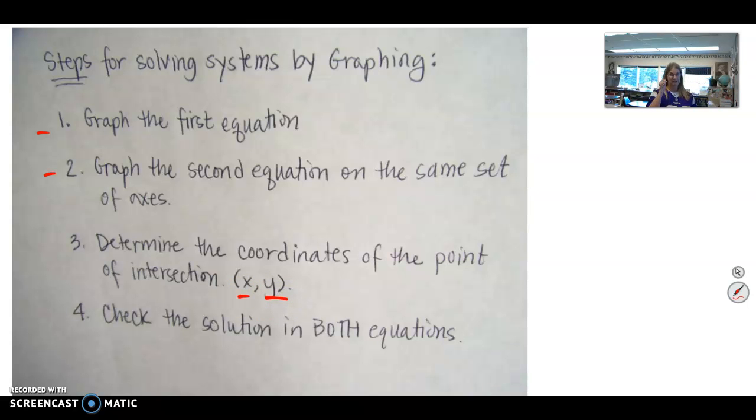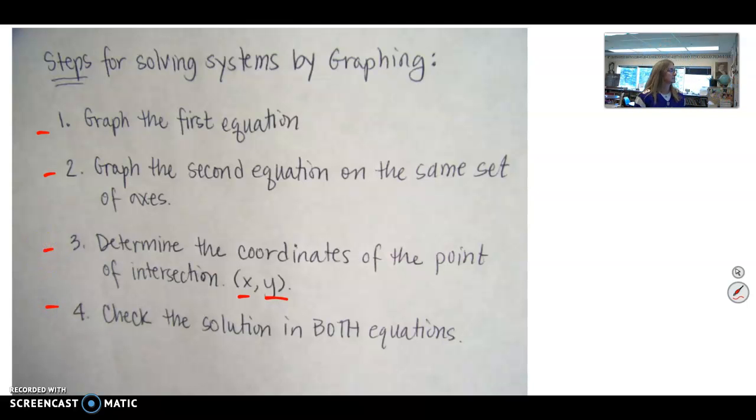Where do they intersect? Determine that xy ordered pair, and then, to check your answer, put that solution back into both equations to see that it makes both equations true. If it doesn't, then something went awry along the way, and you've got to go back and try to find where you made a mistake. Okay, so make sure you get all these steps written in your notes.